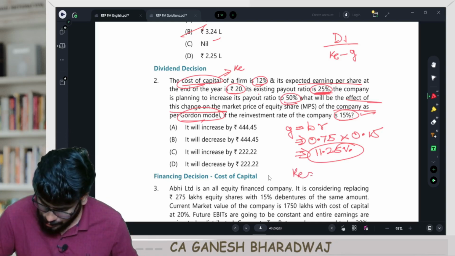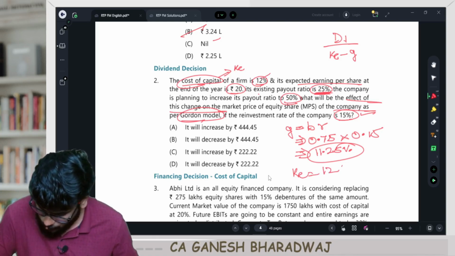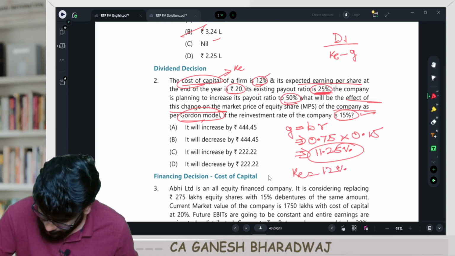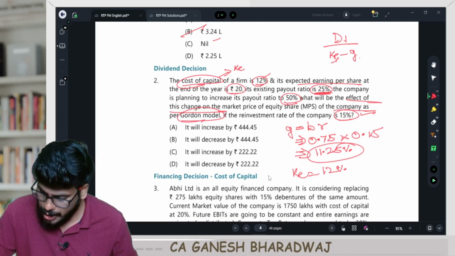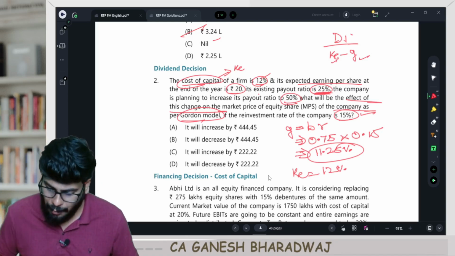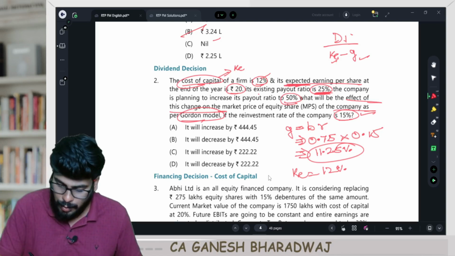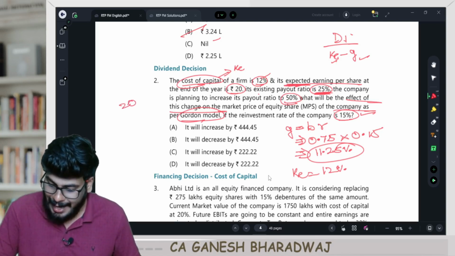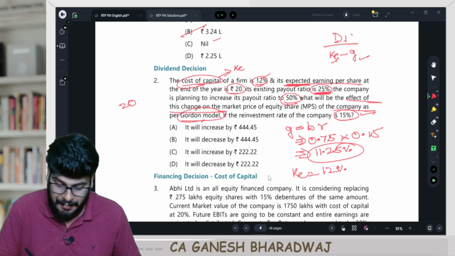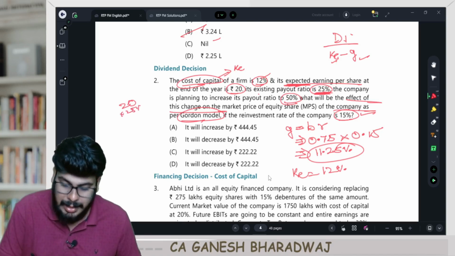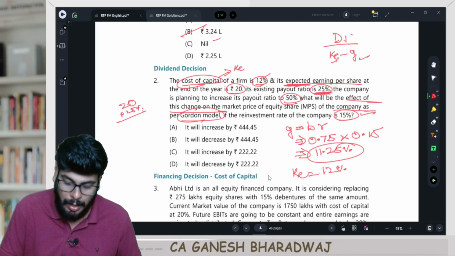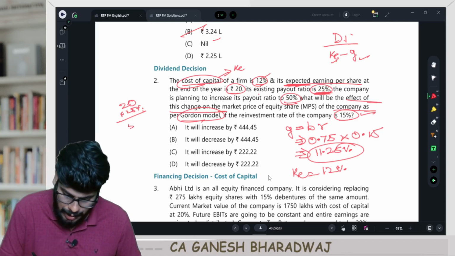KE, how much is it? KE is given in the question as 12%, right? So KE is how much? 12%. G I got 11.25. D1 can I calculate? Yes. They have said expected EPS at the end of year 1 is 20. That is the EPS. And the payout ratio is how much? 25%. So 25% on 20, that is 1/4 of 20. How much is that going to be? That's going to be 5.